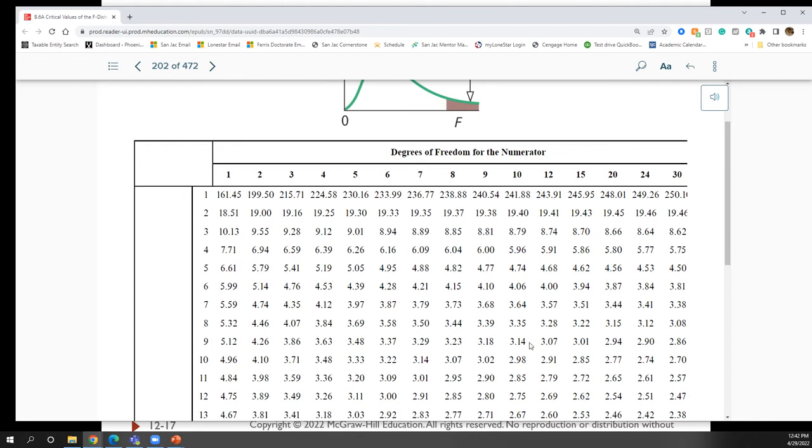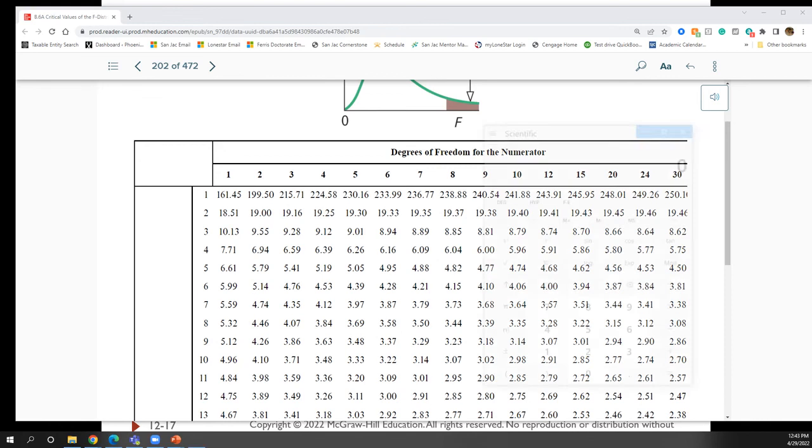So, let's see. We're supposed to be in between 3.14 and 3.07. If we have to look up an F chart, we probably could. I'm going to go ahead and tell you the answer is actually 3.10. It's about halfway between 3.14 and 3.07 because they did not give us the chart.